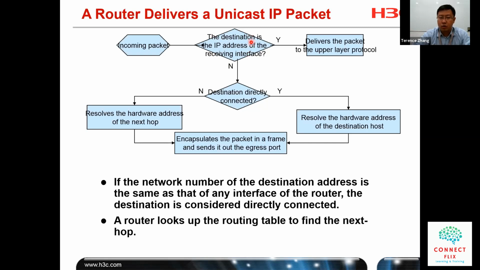Judge whether it is for the router itself or just passing through the router. If it is for the router itself, pass the packet to the upper layer of the router, but if it's not, pass the packet to the forwarding engine to judge how to send it out, right? This is the only difference between a router and a host.